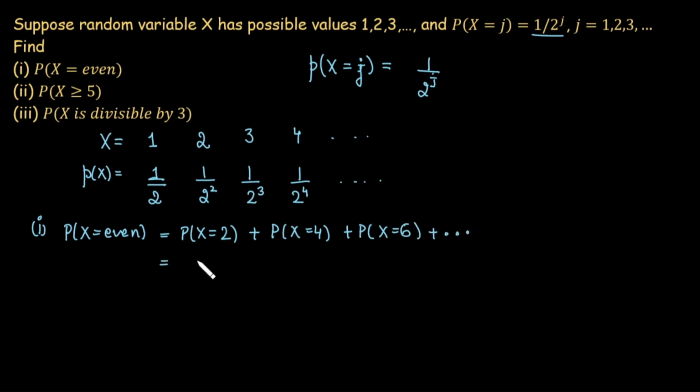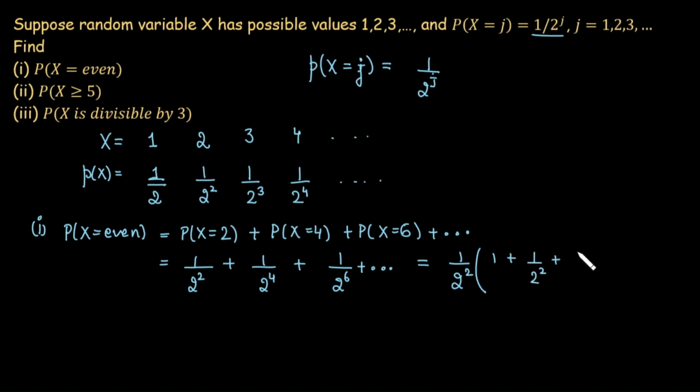So this is equal to 1 upon 2 square plus 1 upon 2 raised to power 4 plus 1 upon 2 raised to power 6 and continue this. From here, we can take 1 upon 2 raised to power 2 outside. So we have 1 plus 1 upon 2 square plus 1 upon 2 raised to power 4 and continue this. So we need to find the sum of this series.